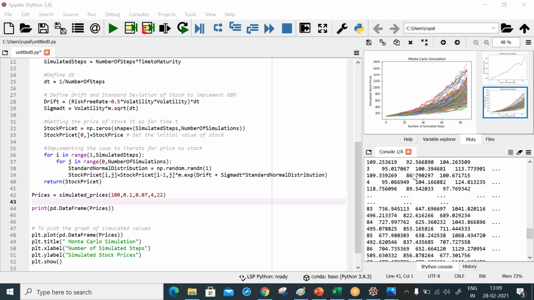Right. Yeah, Amarnath, I think, was trying to say something. Yes, so in the simulated price definition in that function, if I were to put continuous steps instead of 4, what should I put there?